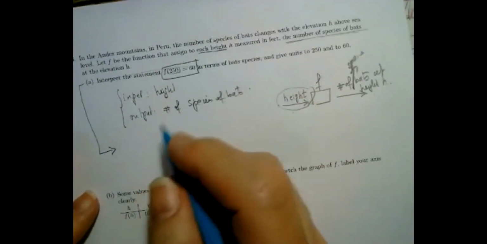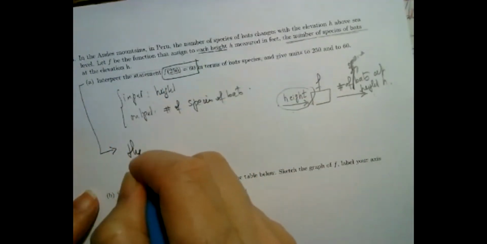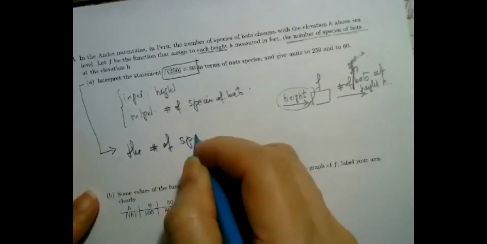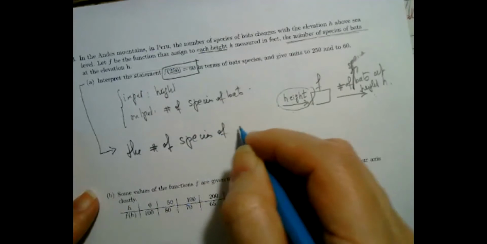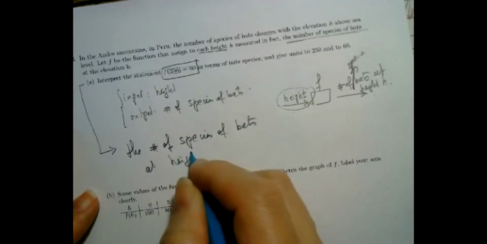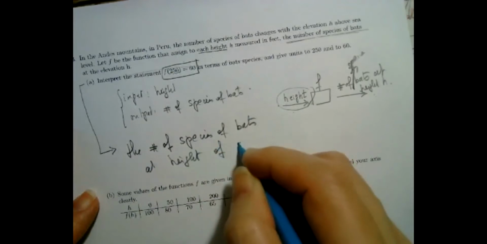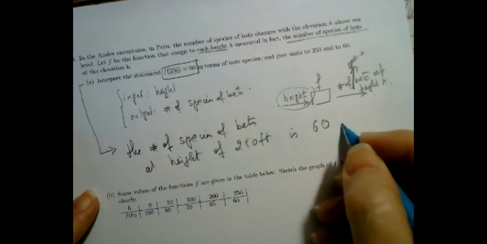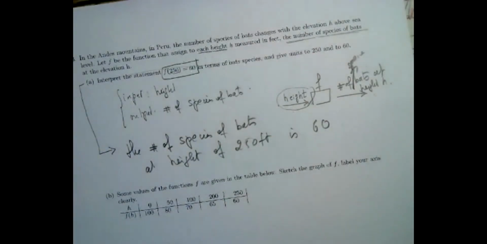So f of 250 means that the number of species of bat at a height of 250 feet is 60. So if you are at a height of 250 feet, you can find 60 species of bat. Are you with me? Okay, so that's really the idea.